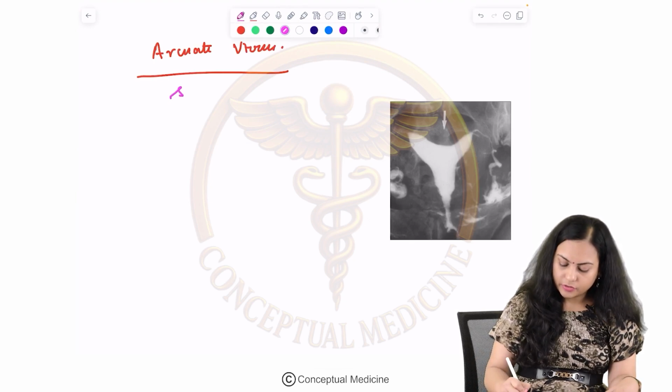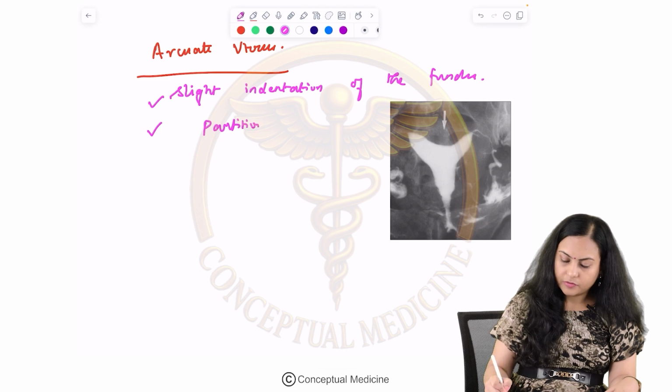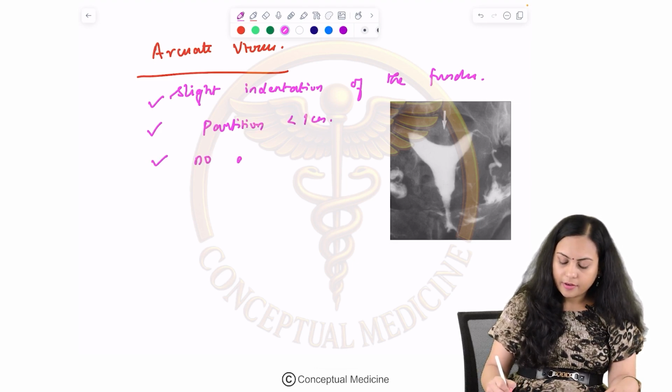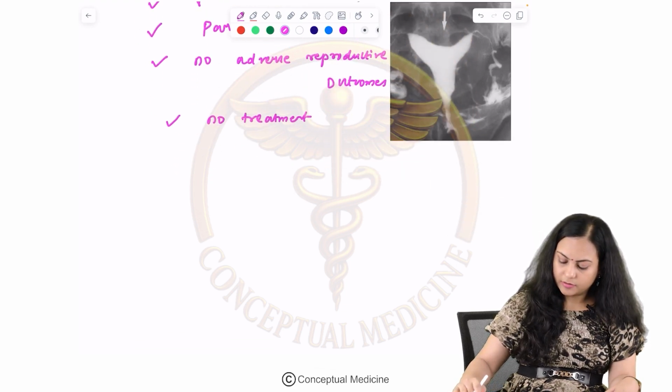In arcuate uterus, you have only a slight indentation of the fundus, and the partition will be less than 1 centimeter. Here you have no adverse reproductive outcomes, nor do you need any treatment.